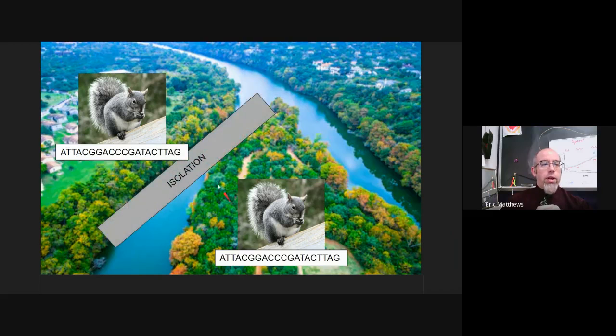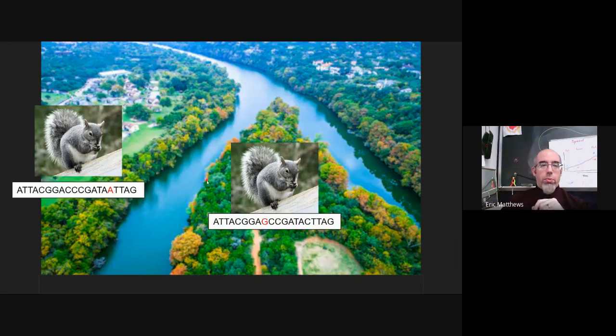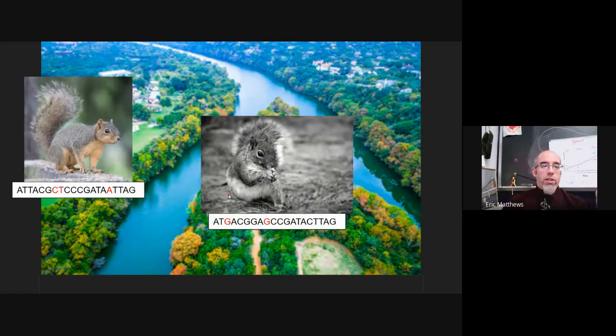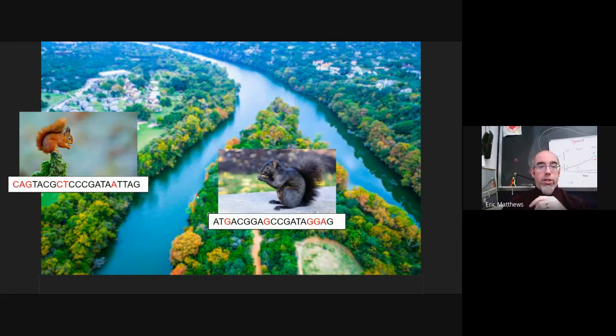Well, now you got to understand that this river is the new isolation mechanism. It's going to separate those two groups. And now as small mutations happen, they don't mix. So those mutations are unique to each side of the river. Now, at first, a mutation or two may not make a difference. But as time goes on and more mutations start to build up in those populations, it can ultimately create 2 very different organisms.